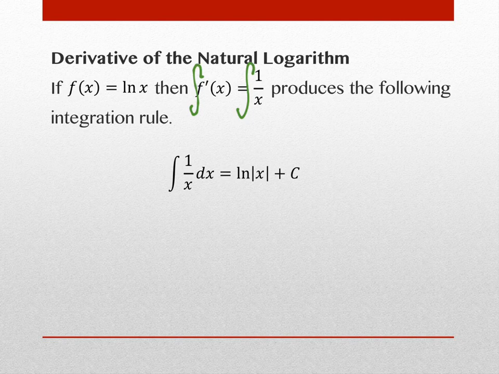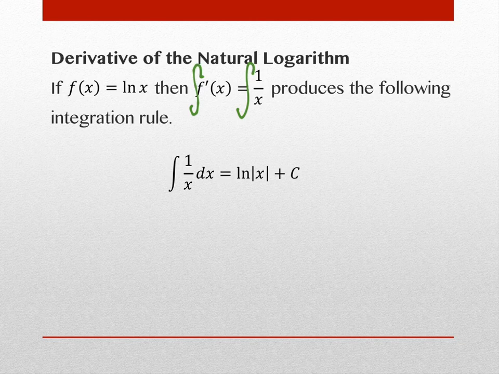Okay, why is there an absolute value? Does anybody remember how natural log is defined? Yeah. The x cannot be negative because it messes up the graph. Right.